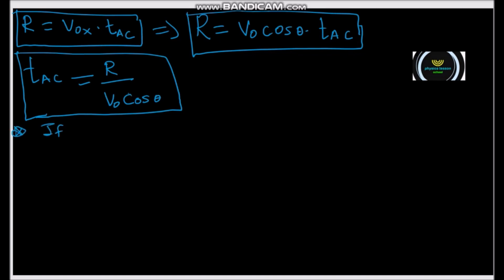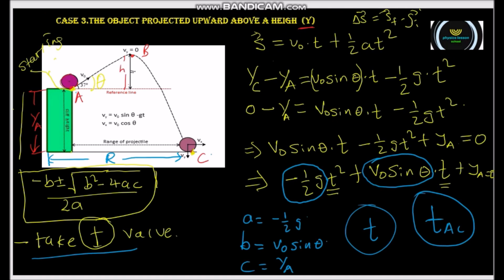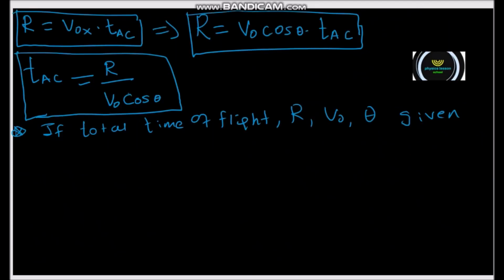If the total time of flight, the range, V naught, and theta values are given, and you are required to find out the value of YA, you can use the following equation. Let's derive it. That means YA.